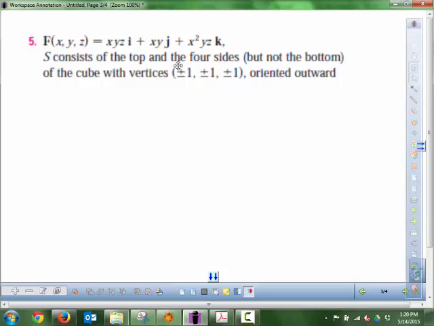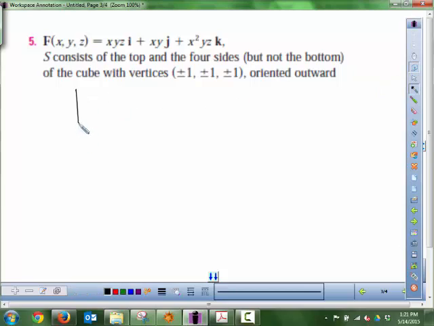Let's take a look at this problem where we have f of x, y, z equal to this vector field. And S contains the top and the 4 sides, but not the bottom of a cube with vertices at plus and minus 1 all the way around.